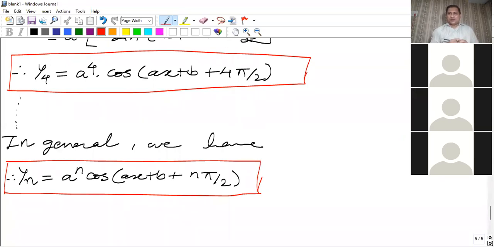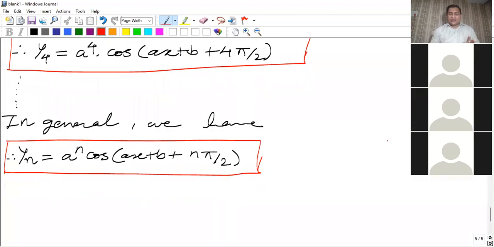Now, as we are able to do it for cosine, can we do it for sine? Let us try. Are you done with this cosine? Yes, sir. Sure, if you are done with the cosine, then we can think of the sine.